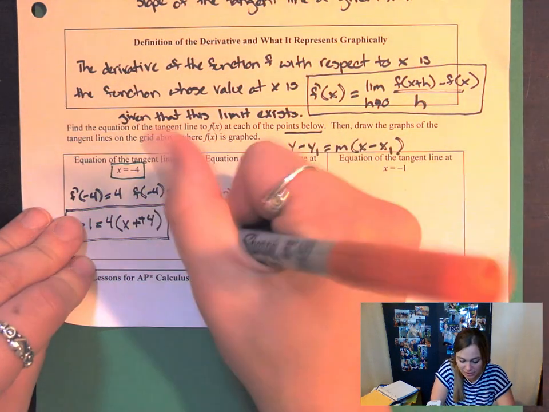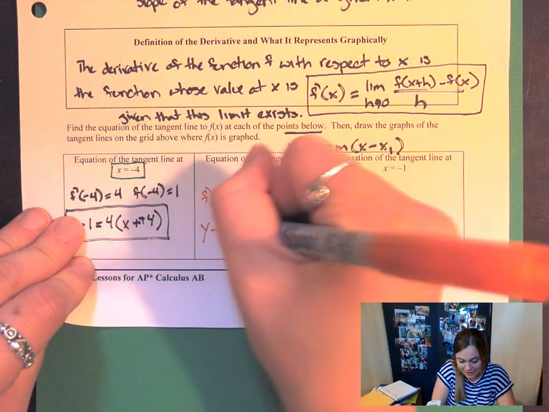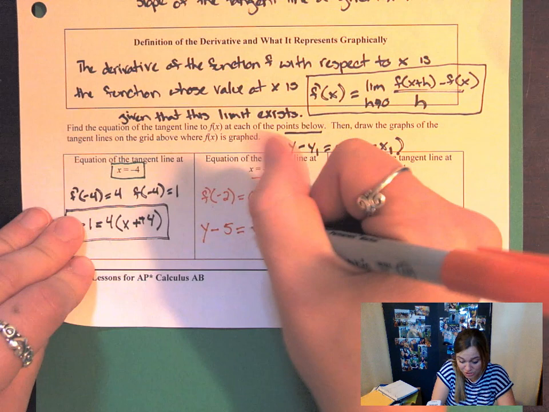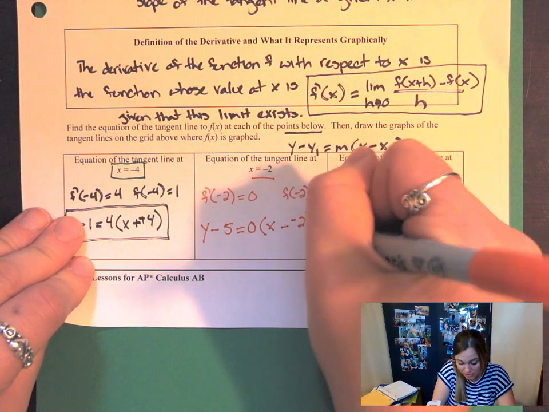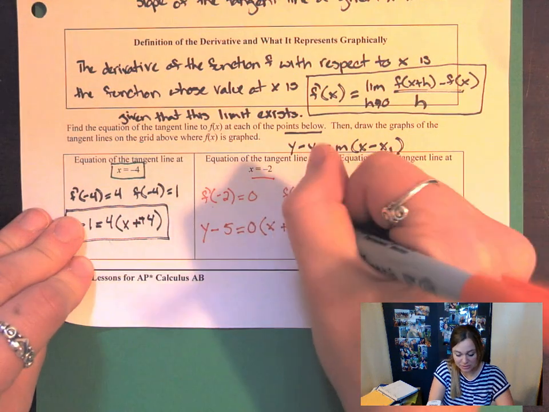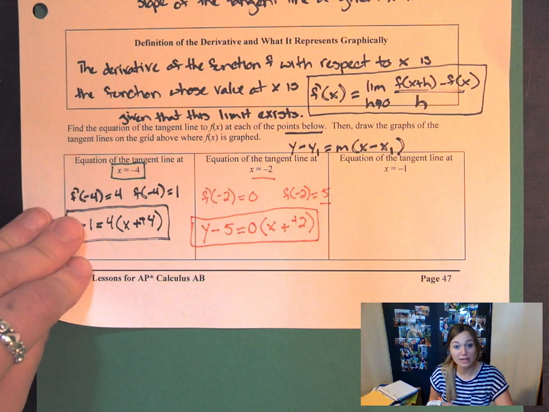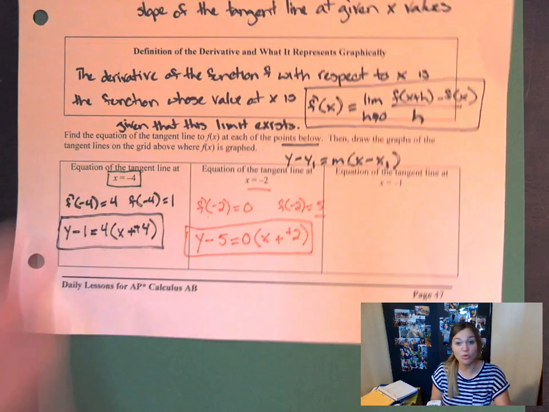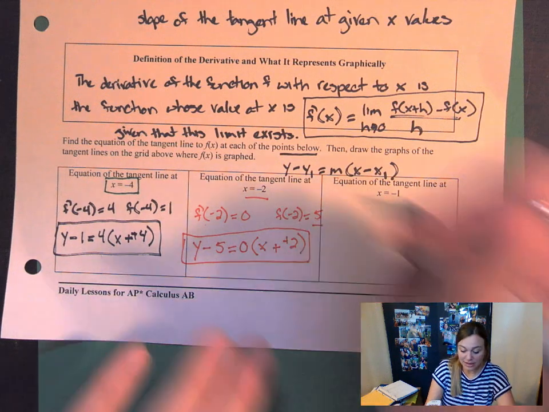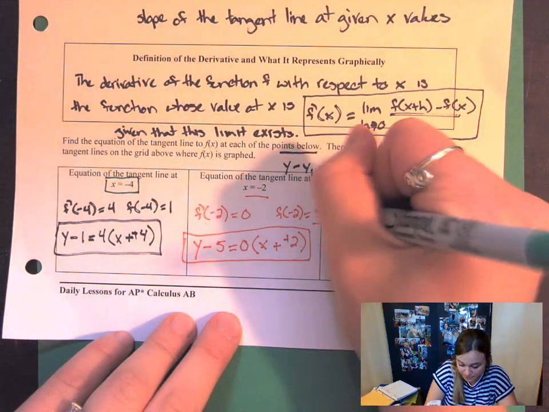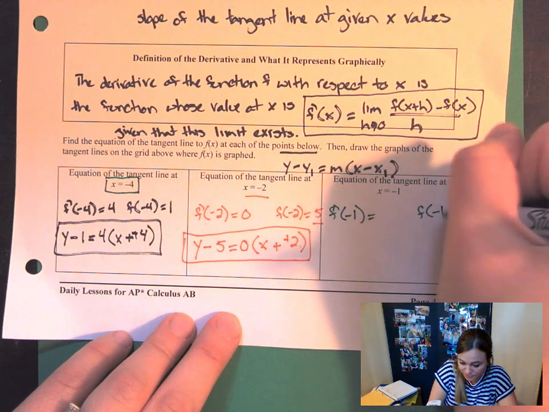So I'd say y minus y1, my 5, is equal to m, my slope of the tangent which is 0 in this case, times x minus x1. You can change this to plus positive. You could simplify this into the line y equals 5 if you wanted, but you don't have to. You can leave it just like that. Okay, one more. You need a slope and a point. So I want f prime of -1 and f of -1.